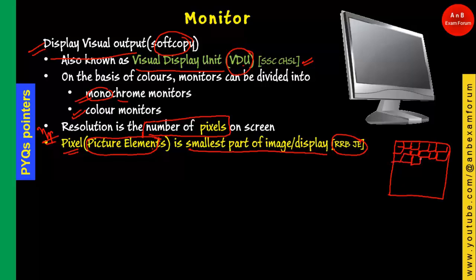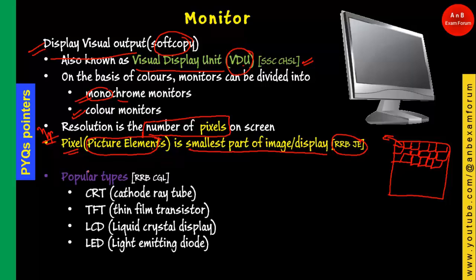These small elements are called picture elements, and they are not visible. If you look at early and very old computers, you will see this picture resolution very easily. So a pixel is a picture element and it is the smallest part of the image or display.